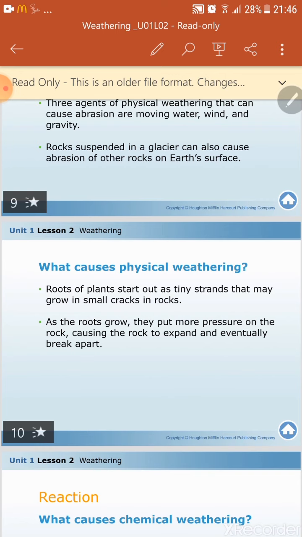Finally they can reach the rock that is under the soil. If the roots grow inside small cracks, the growing of the roots can increase the crack size and finally can weather the rock and break it and split it into smaller rocks. That's it. This is the action of the plants.